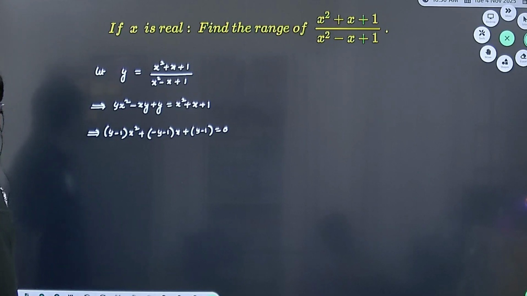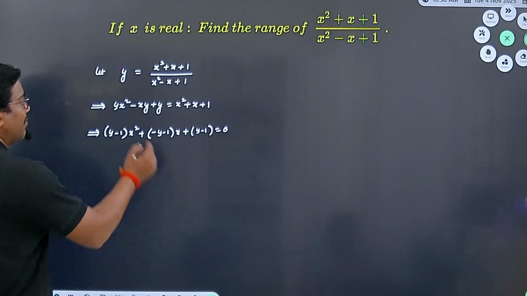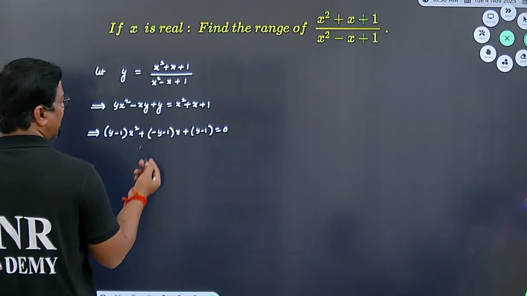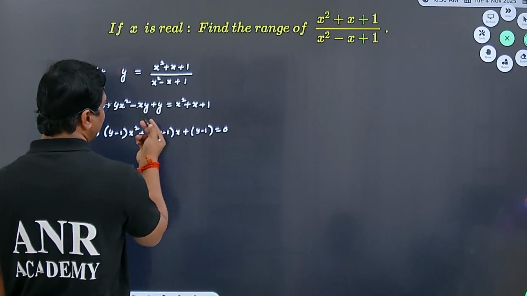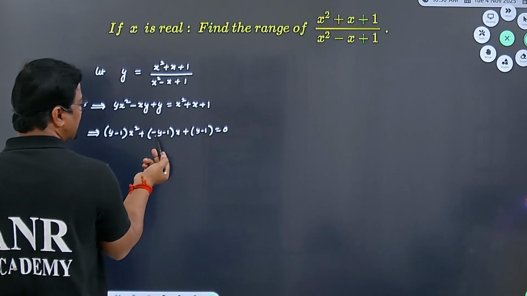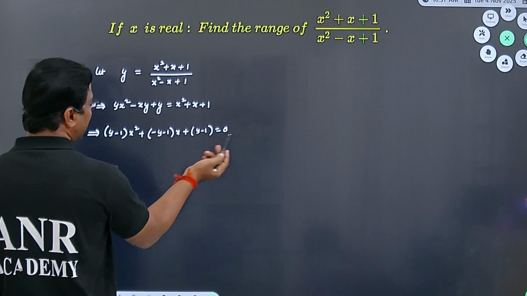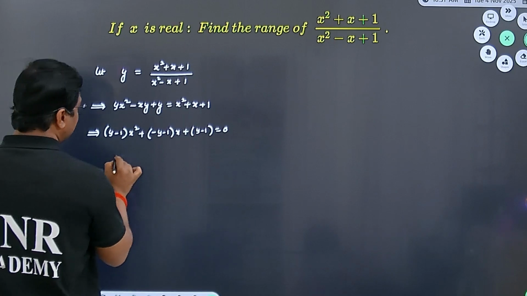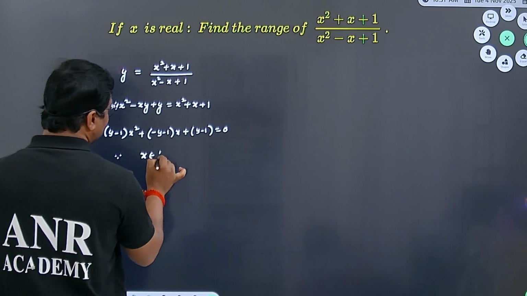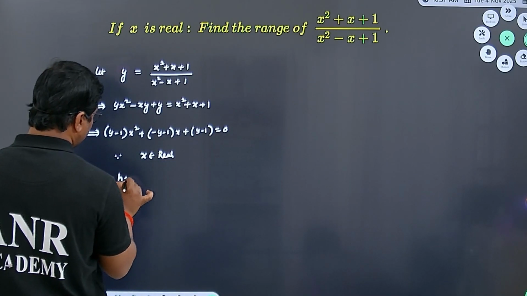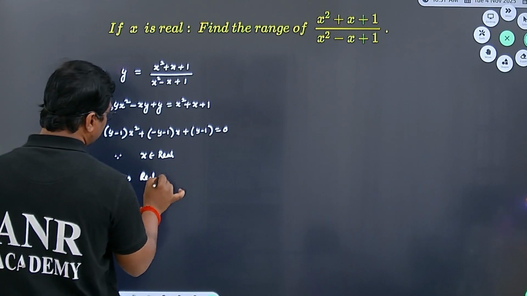All the terms if you write left side and converting into second degree equation, we get (y minus 1) x square minus x minus xy minus x written as, taking x common, minus (y plus 1) x, remaining (y minus 1) equal to 0. Since x is real, it has real roots.